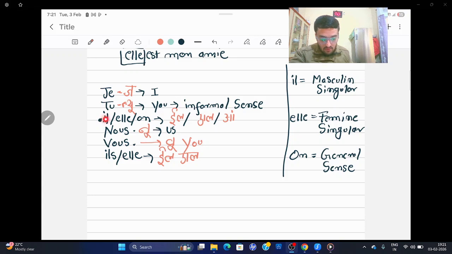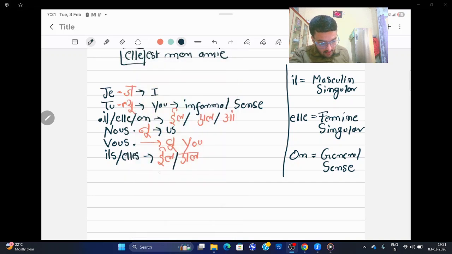This is used to indicate a male person, this is used to indicate a female person, but they are singular in sense. But on the other hand, these ils and these elles, let me just correct the spelling, it's ELLES. All right, so these ils and elles have the same pronunciation, but they are used in a different sense, okay.